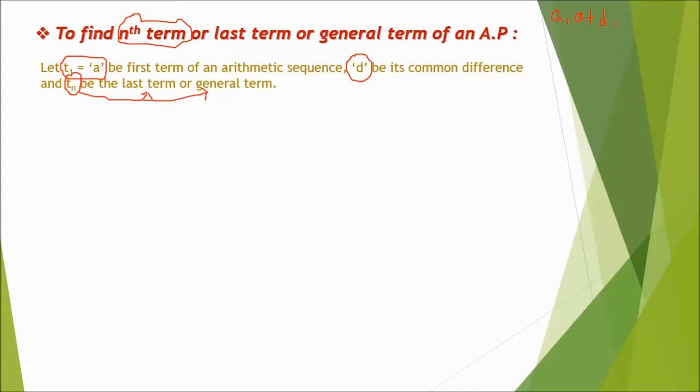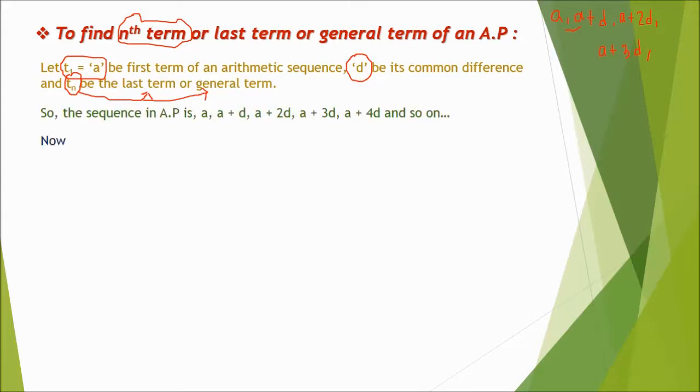As the difference between the second term and third term must be d, our third term will be a plus 2d. In a similar way, our fourth term will be a plus 3d, because the difference between the fourth term and third term must be d. In all cases, the difference between the terms is d.